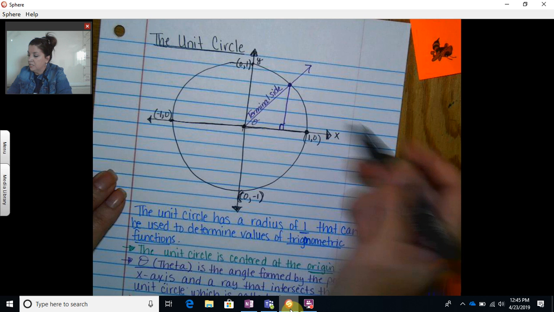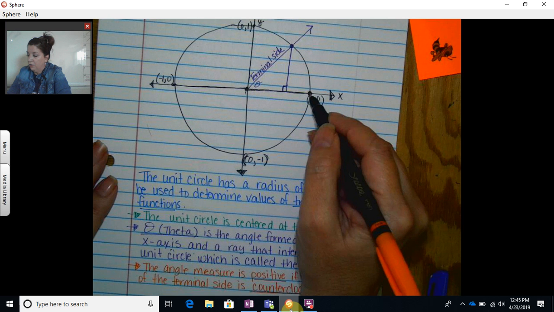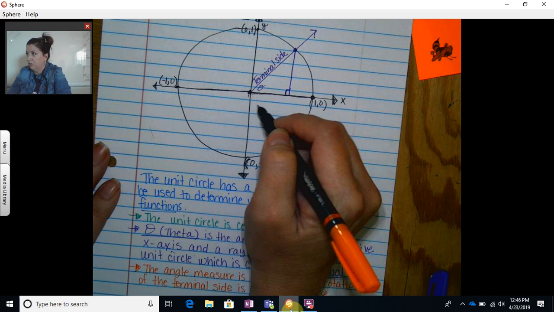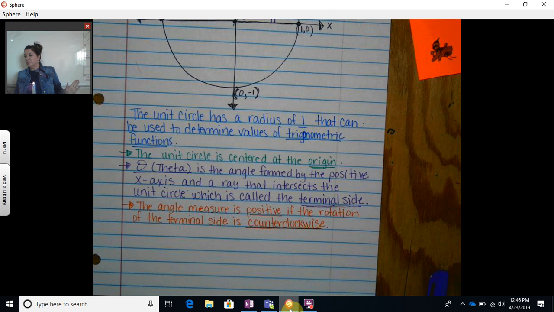So maybe this angle is 45 degrees, let's say. If my terminal side opens and it's going in a clockwise rotation, it's a negative angle. So if I started from here and went 45 degrees this way, my theta would be a negative 45 degree angle. Okay? So that's important to know. But you have to know what clockwise and counterclockwise are, right?